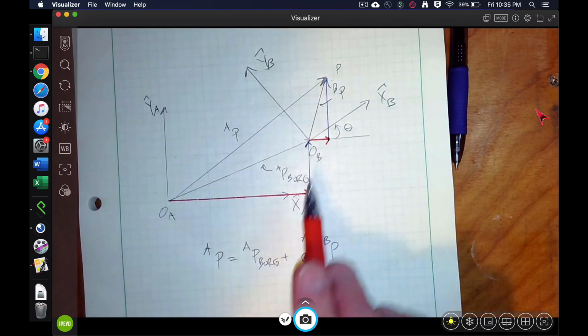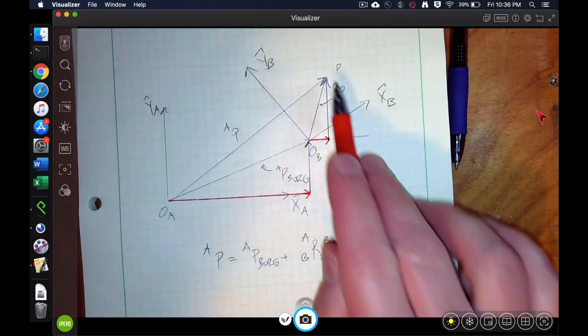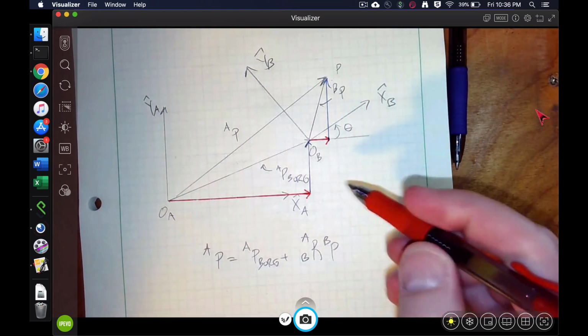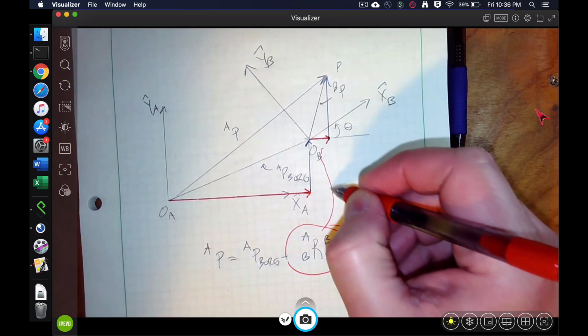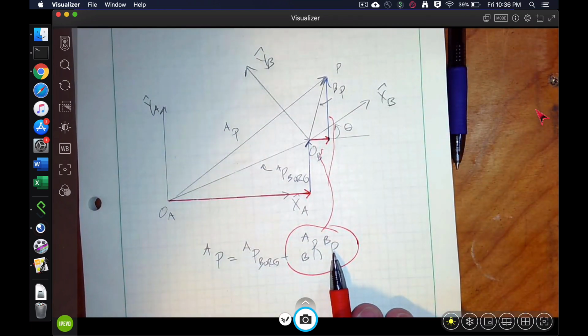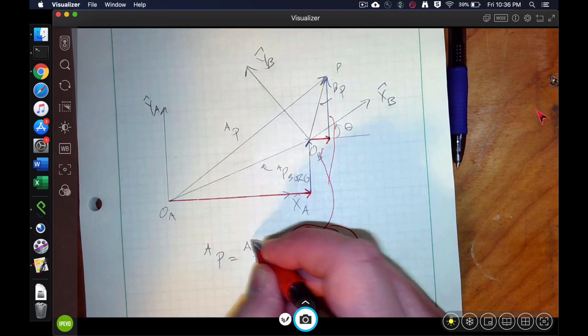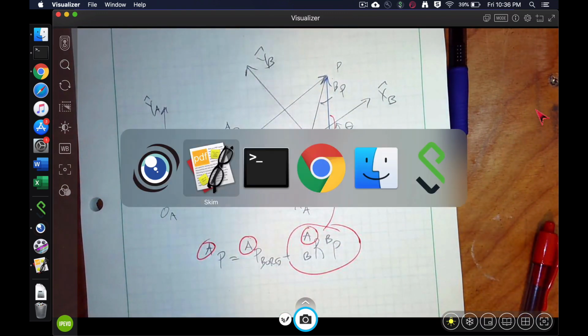So this plus this gives me P_AX, and this plus this gives me P_AY. I'm taking P_B, rotating it into frame A components, and then adding it to this. So the key idea here is that the addition is taking place in frame A.